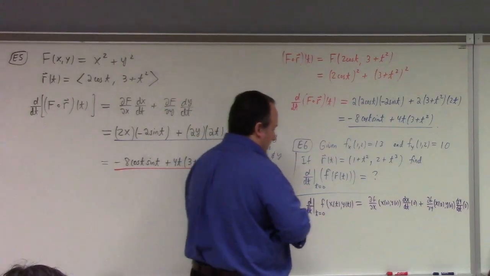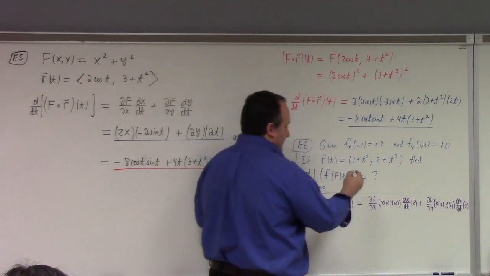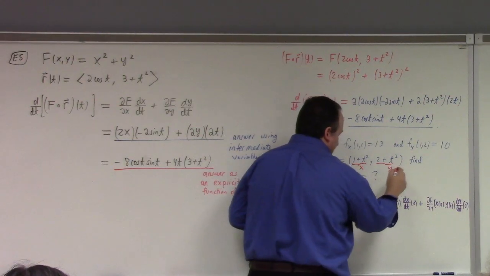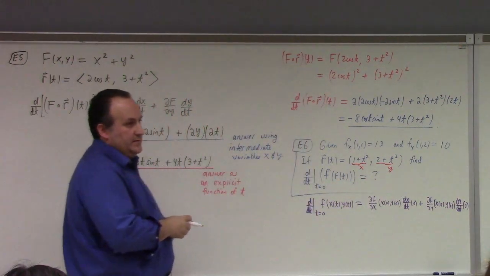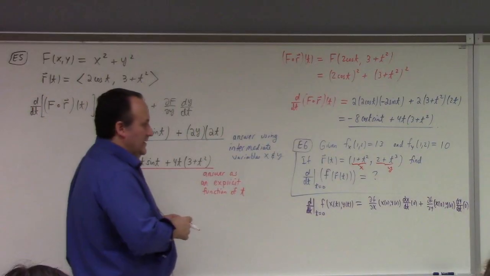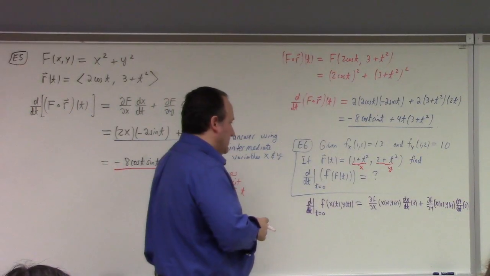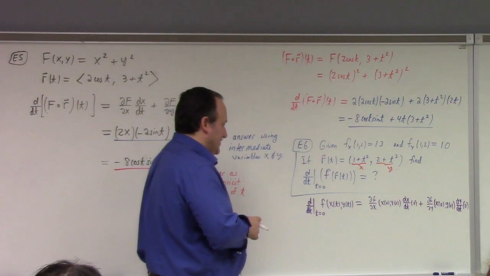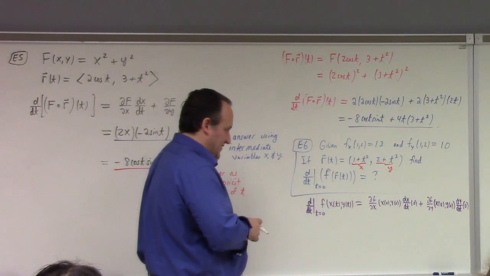So, this is x, right? For the path. This is y for the path. So the answer is rather unsatisfying. Permission to change things slightly.